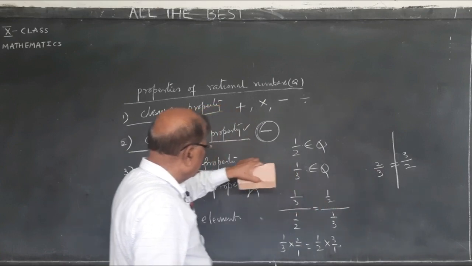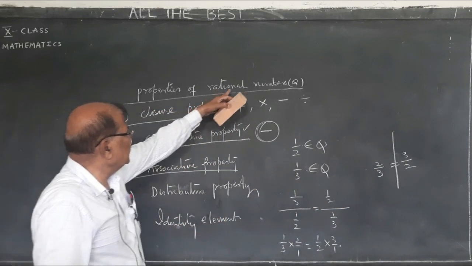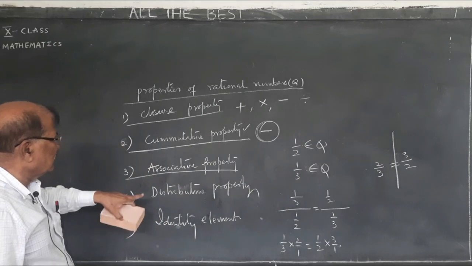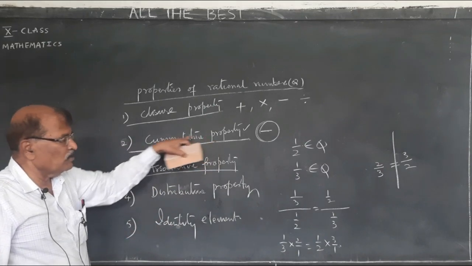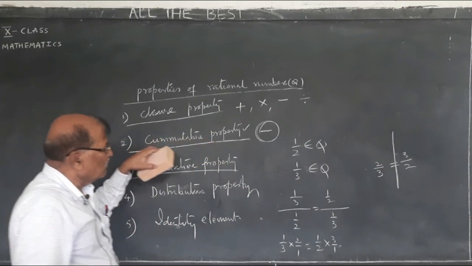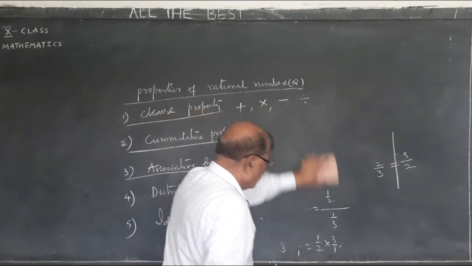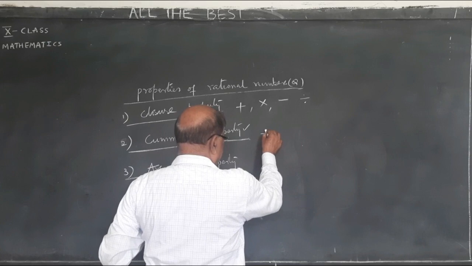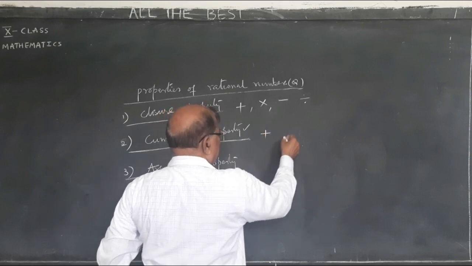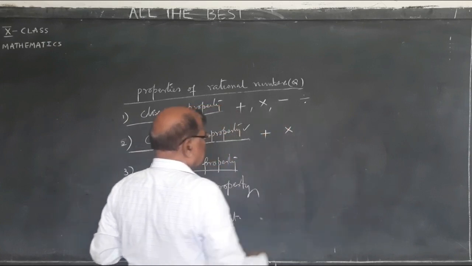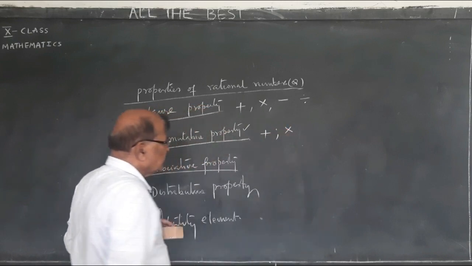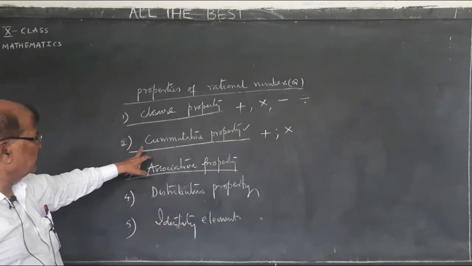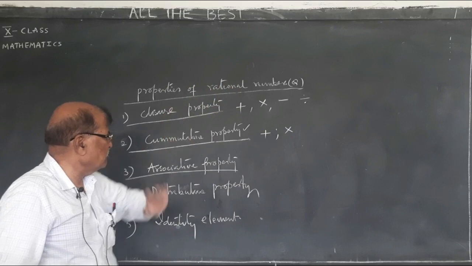So division of rational numbers does not satisfy the commutative property. So in the commutative property, what are the operations that exist? Only addition and multiplication. Subtraction and division do not hold in rational numbers.